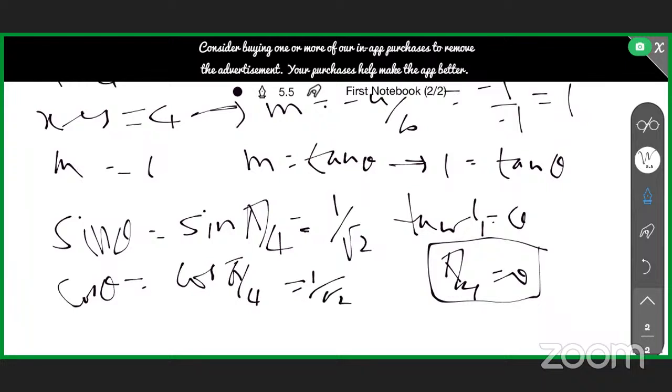Now, we are discussing this with regard to x minus y is equal to 4. We don't know in which quadrant this line is lying, whether in the first, second, third or fourth quadrant. So for that reason, we generally take plus or minus, because we don't know which quadrant the line x minus y is equal to 4 is lying in. For that sake, we'll take plus or minus, because of the ASTC rules.